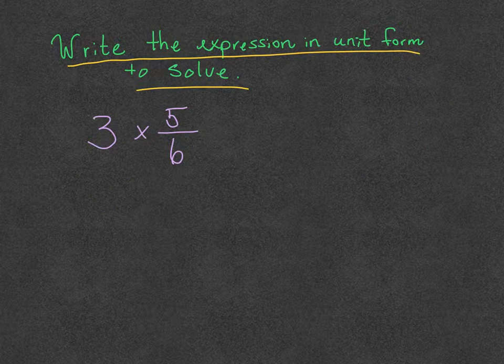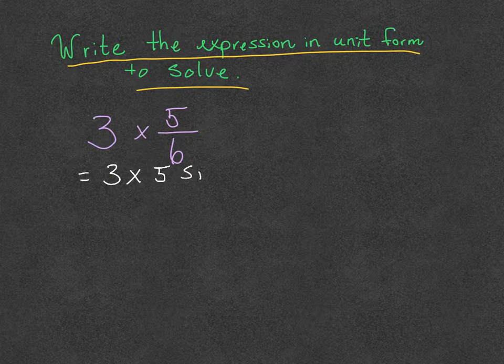Write the expression in unit form to solve. 3 times 5 sixths. All right, so we're going to continue doing the same thing that we just did previously. So basically, we're saying 3 times 5 sixths. There's our unit form.